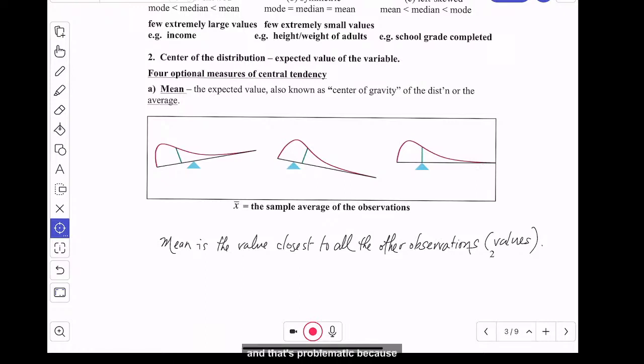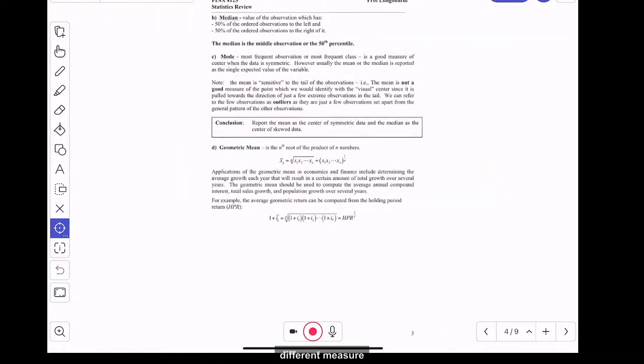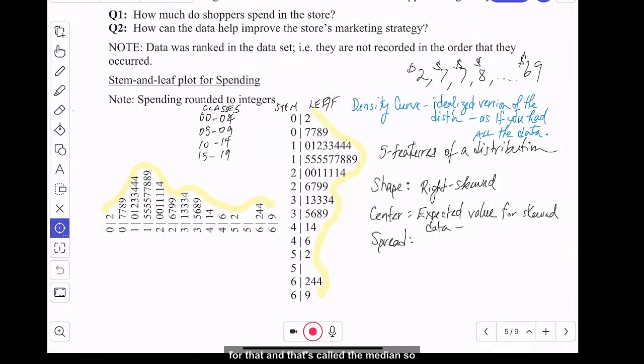And that's problematic because there's only a few over here, and there's way more over here. So it's more likely that the next person coming in will be in this group than way over here. So how do we adjust for that? We have a different measure for that, and that's called the median.